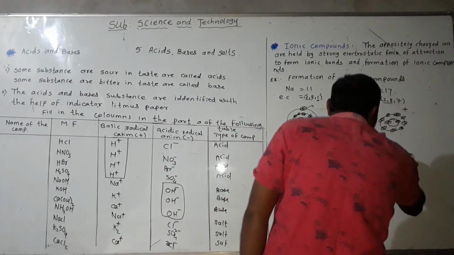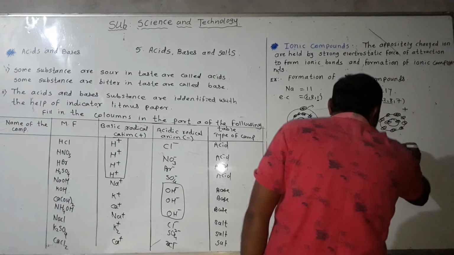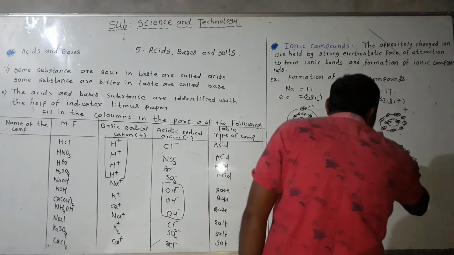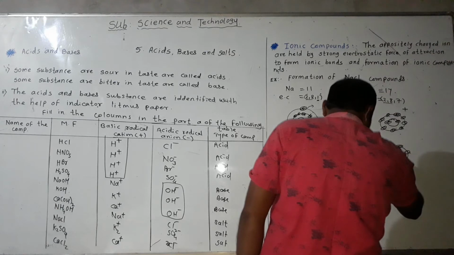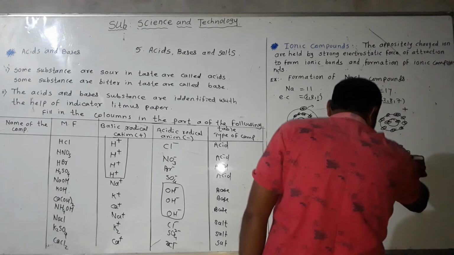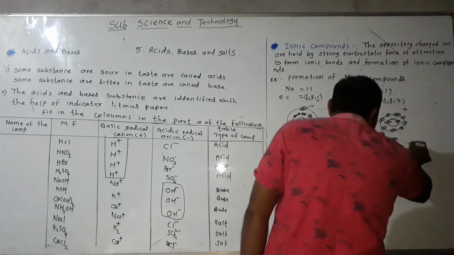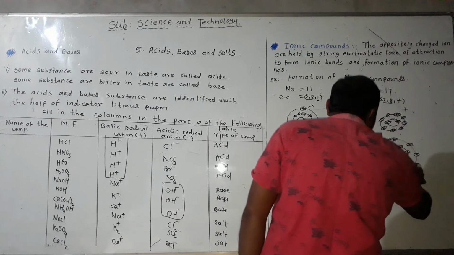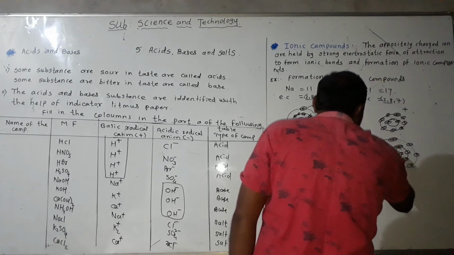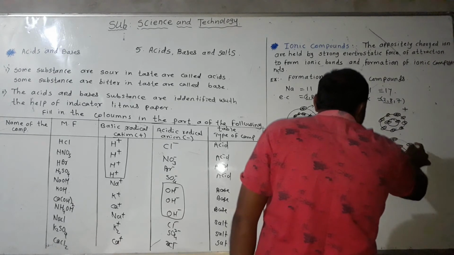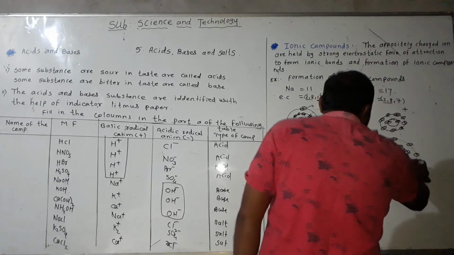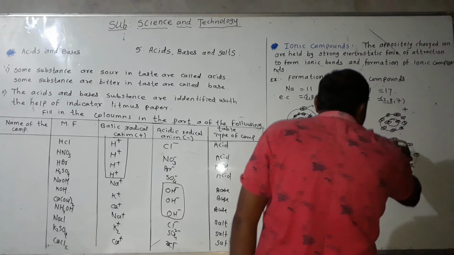First shell, how many electrons are there? 2 electrons. In the second shell, 8. And in the last shell also, 2, 3, 4, 5, 6, 7 and 8 electrons.